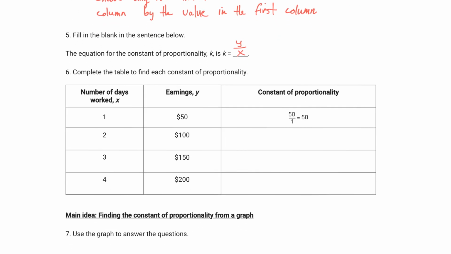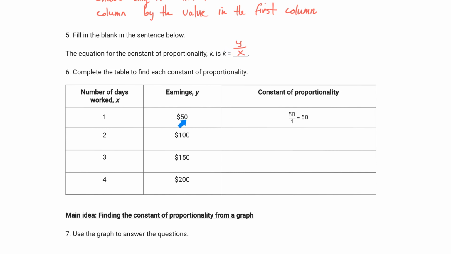Or as another way of getting it, if we have our x values 1, 2, 3 and 4, and our y, the number of days you worked, like if you worked 1 day, you get paid $50. If you worked 2 days, it's $100. And you can probably guess that at this rate, you're getting paid $50 a day. Well, 50 is your constant of proportionality, and you get it from your y value divided by the x value.